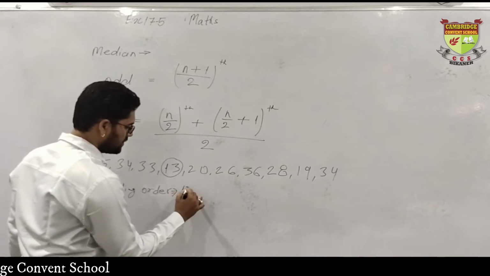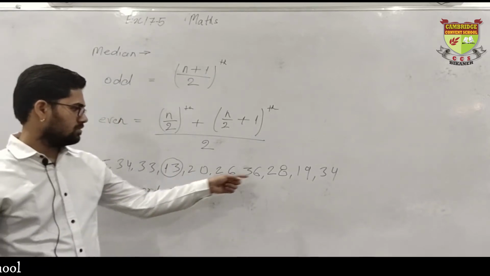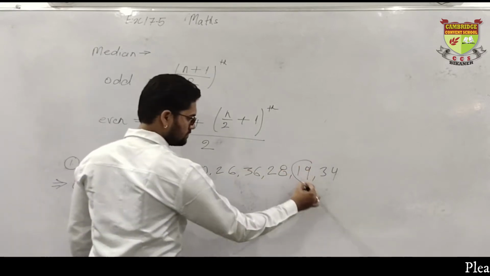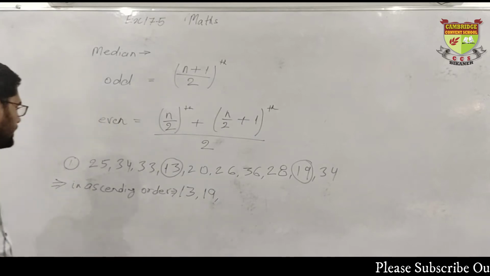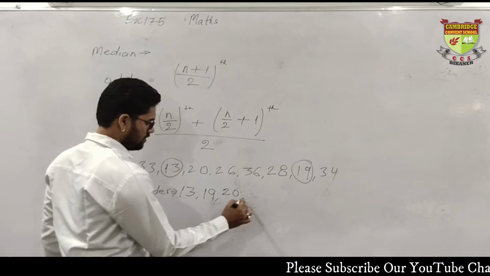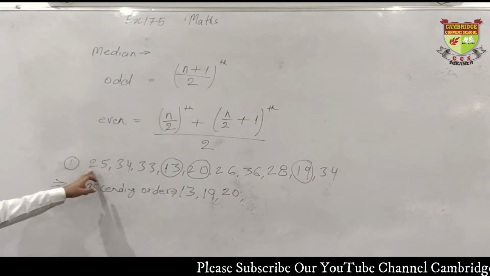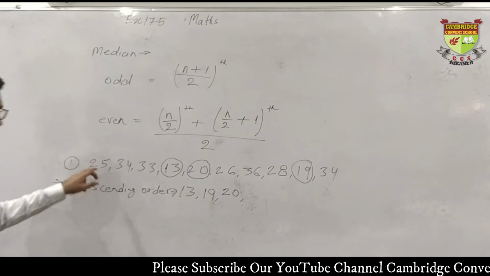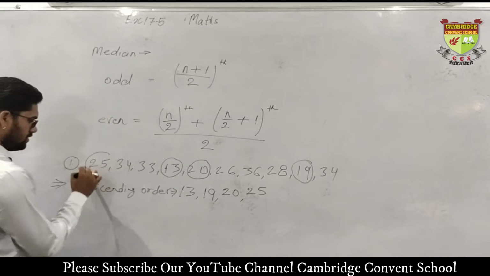So the smallest number is 13. What after 13? 19. What after 19? 20. After this, 25.